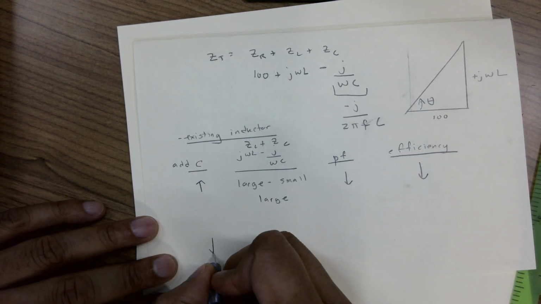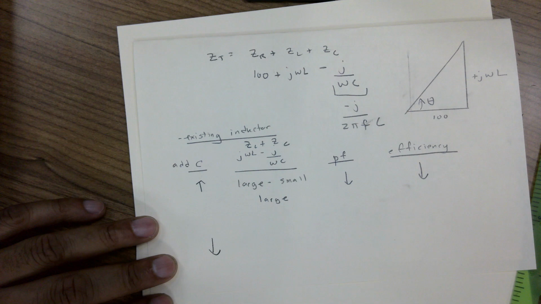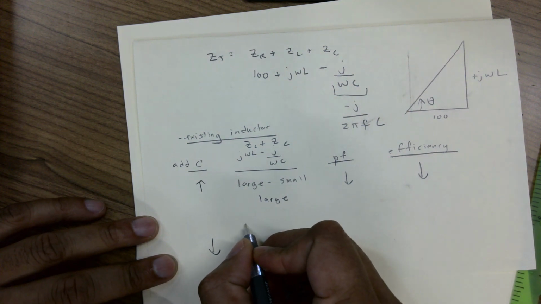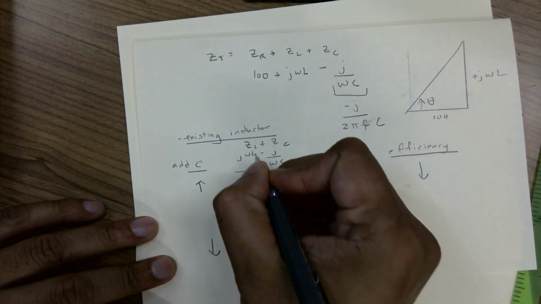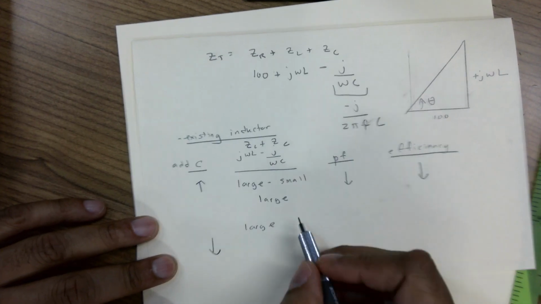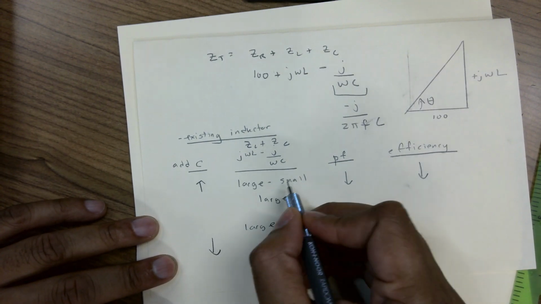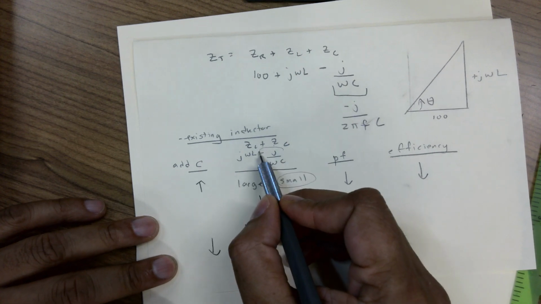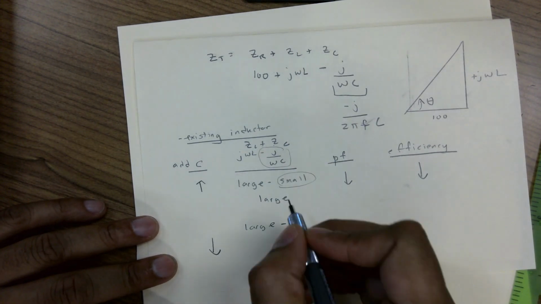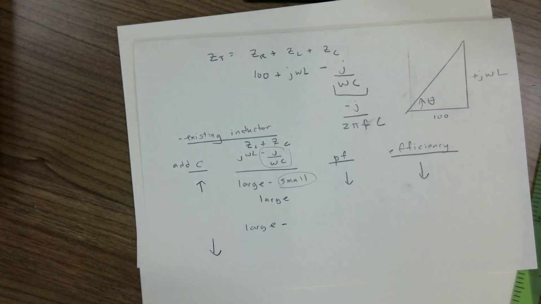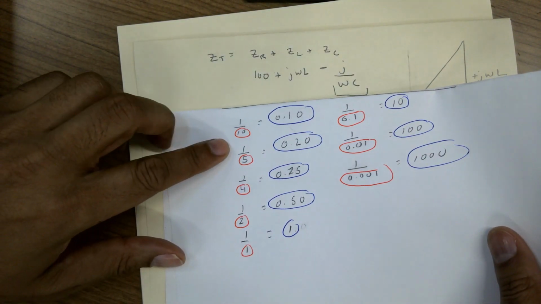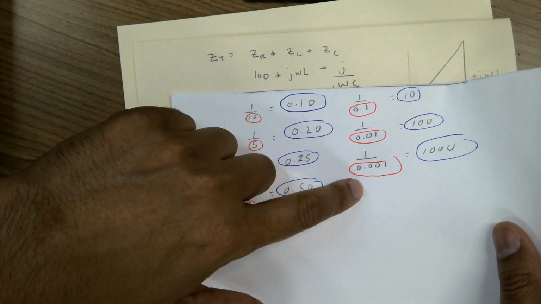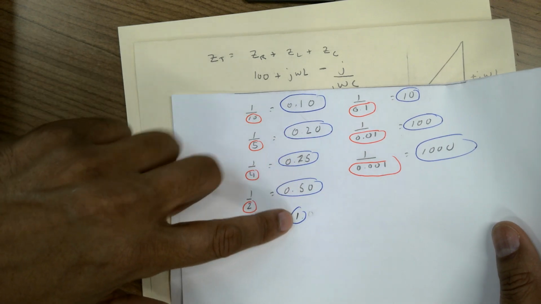If I were to decrease the capacitance, but I can't make it 0, obviously, I still have a large j omega L, minus what? This is the one I'm changing, so right here, this is what's in question. If I decrease my capacitance, what happens to this big number here?